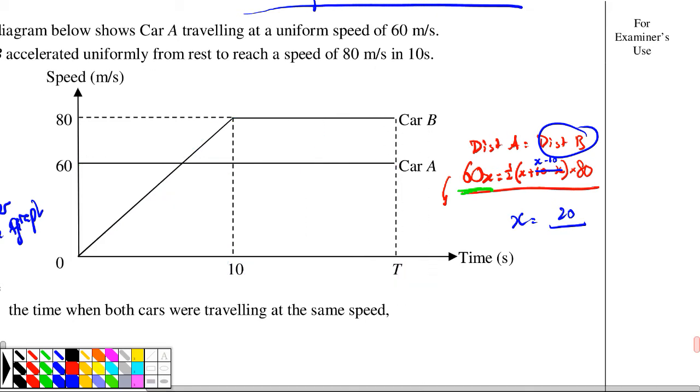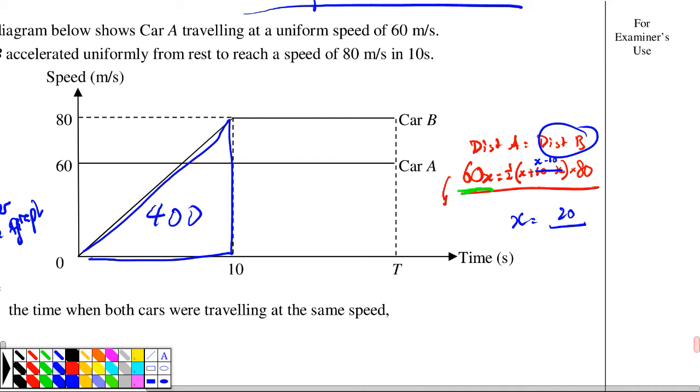Now 0 to 10, this triangle, what's the answer? 400, right? So if I use a marker, I draw this, come down, this is 400. Now, I can also find from 10 to 20. From 10 to 20 is just 10 times 80.